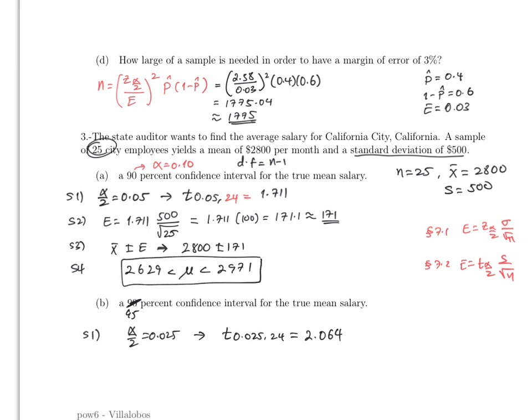No, I'm sorry, it's 2.060. Okay. So then all you have to do is replace this value, but the steps are identical. And obviously this value will change, so that will change everything. So is that okay?